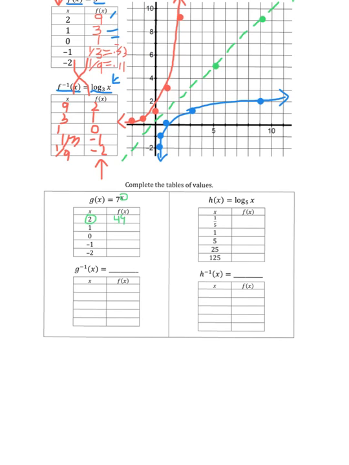And if we keep going down, 7 to the first is 7. 7 to the exponent 0 is 1. 7 to the exponent -1 is 1/7. And 7 to the exponent -2 is 1/49.